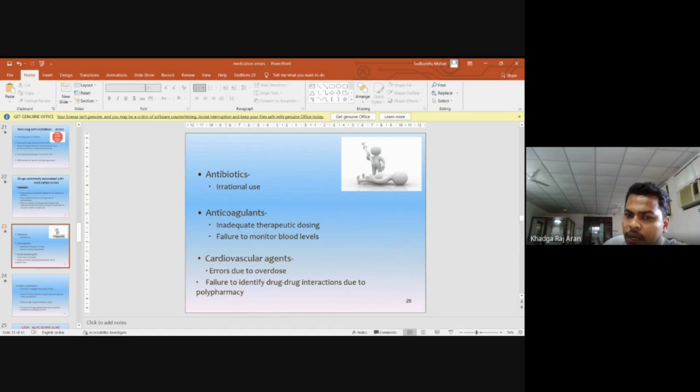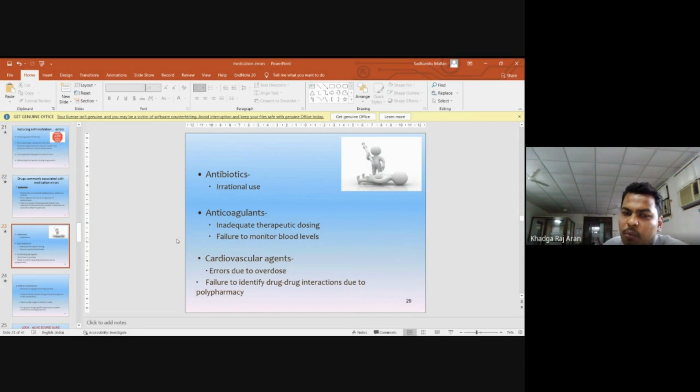Next are anticoagulant medicines, where inadequate therapeutic dosing or failure to monitor blood levels causes medication errors. Then there are cardiovascular agents used for the treatment of cardiac diseases like angina pectoris, myocardial infarction, arrhythmia, or hypertension, where errors occur due to overdose of the medicines or failure to identify drug interactions due to polypharmacy.